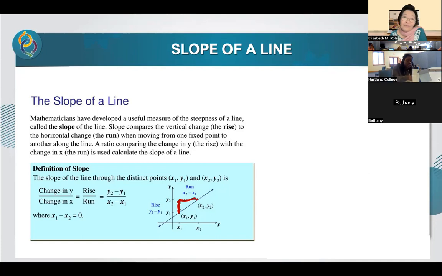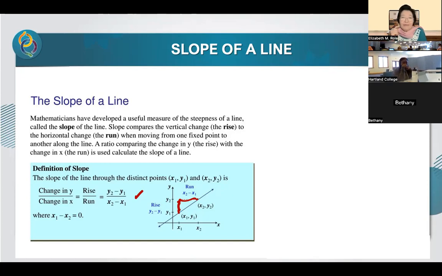For us to find the slope, you need 2 points to begin with. Then get the distance traveled from y1 to y2, which is y2 minus y1, and how much has moved along the x, which is x2 minus x1. This is now our formula. To find the slope, you subtract y2 minus y1 divided by x2 minus x1.